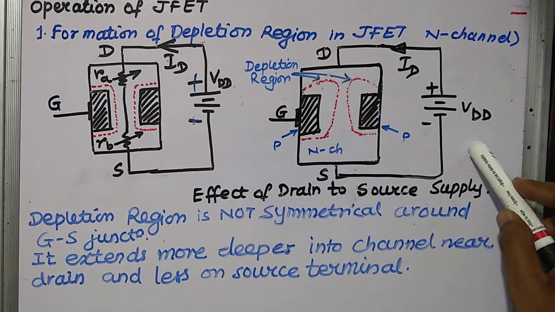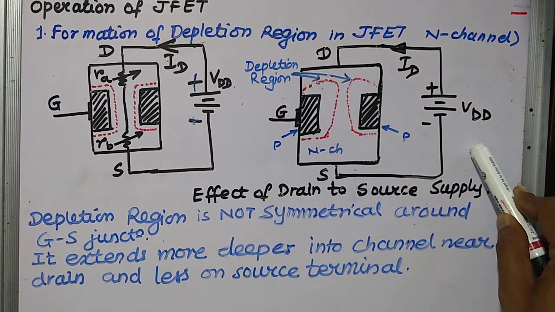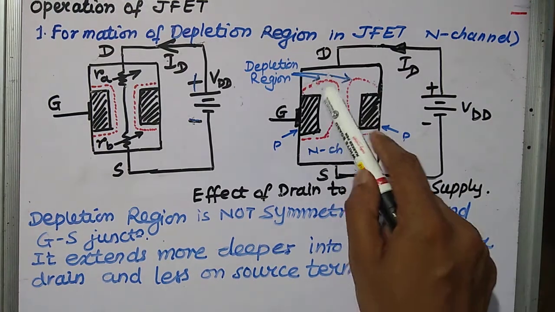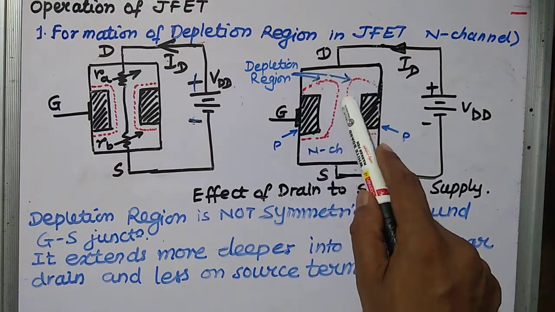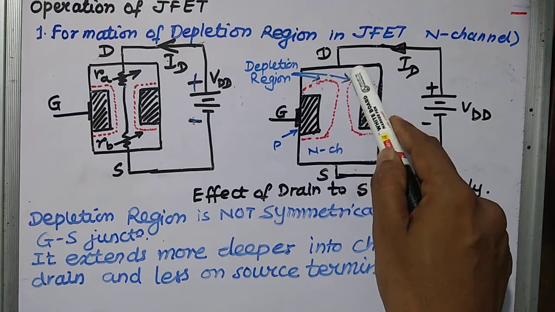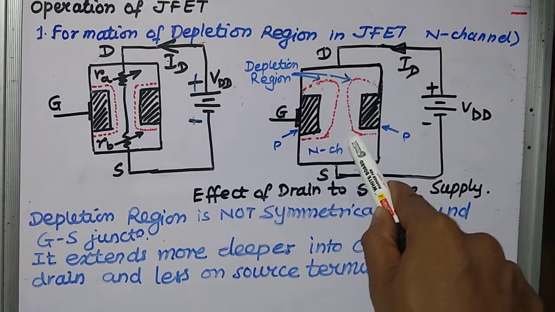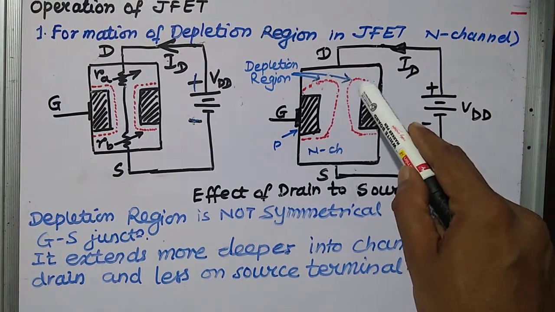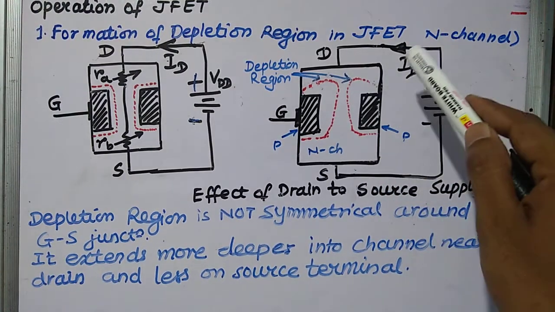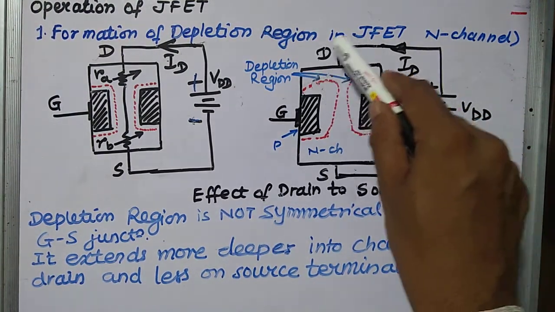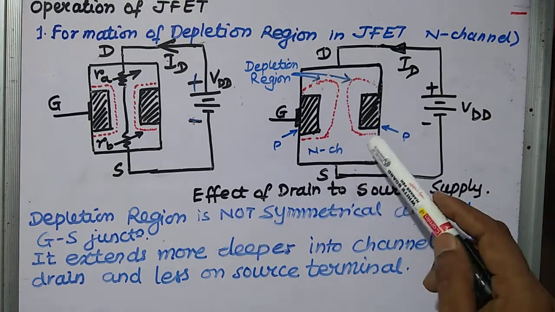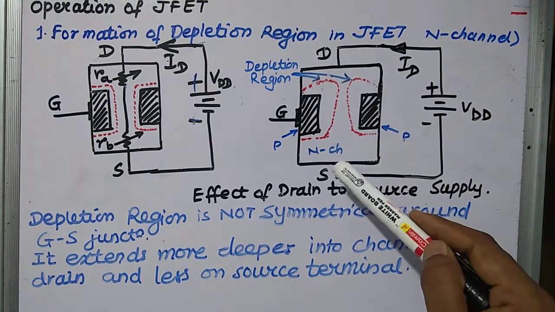As can be observed in this diagram, the depletion region is more towards the drain terminal as compared to the source terminal. The depletion region extends deeper into the channel near the drain as compared to the source.